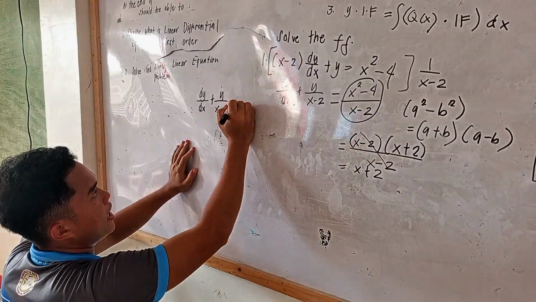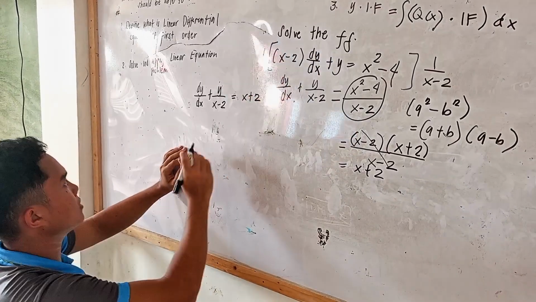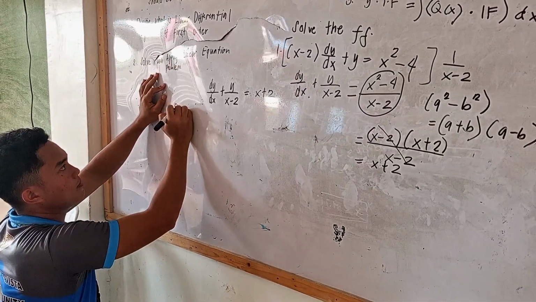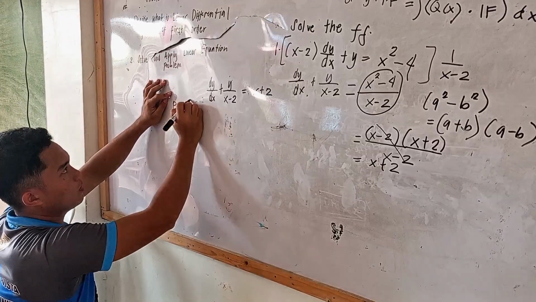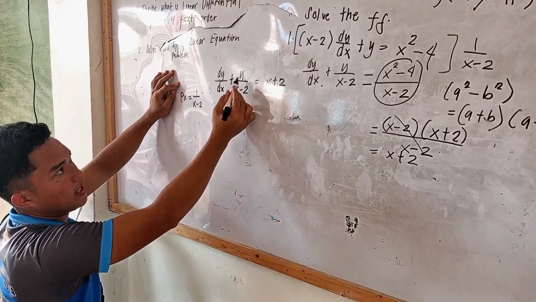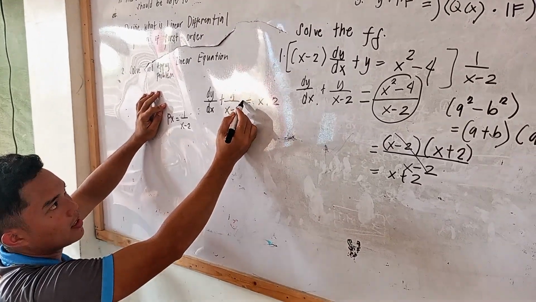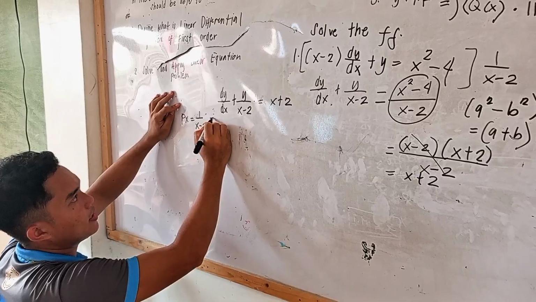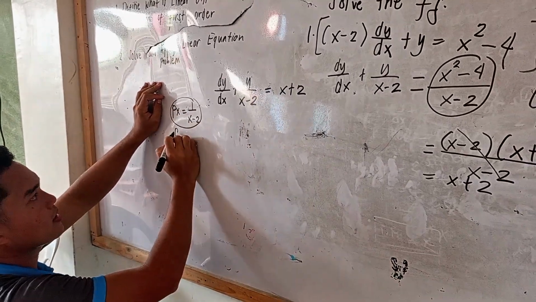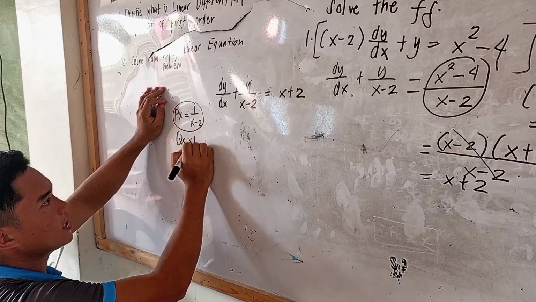Our p of x is equal to 1 over x minus 2, because y simply resides on the right side here. Then our q of x is x plus 2.